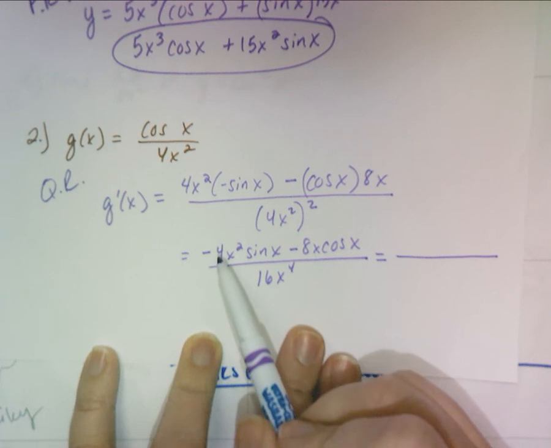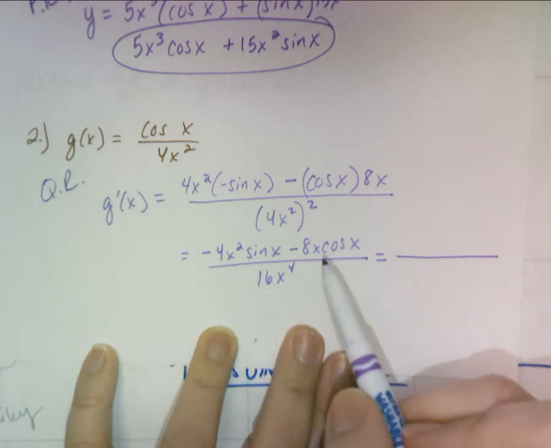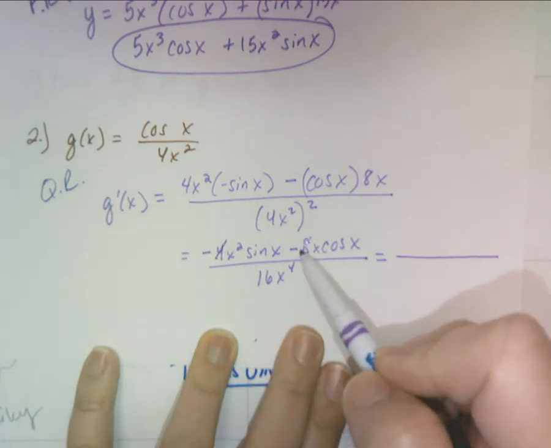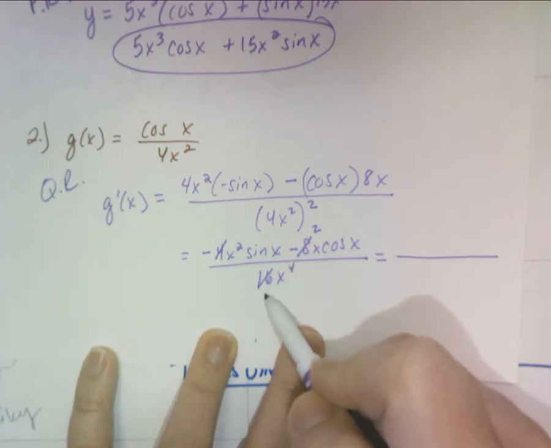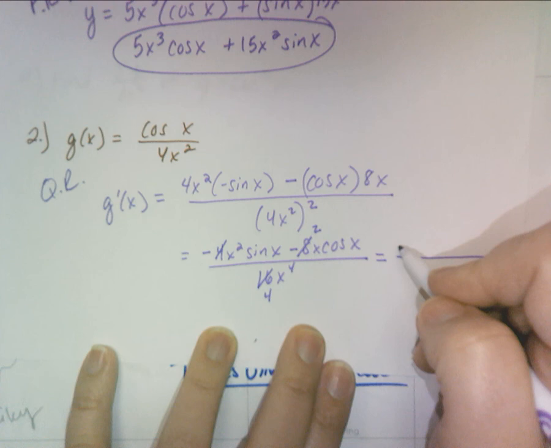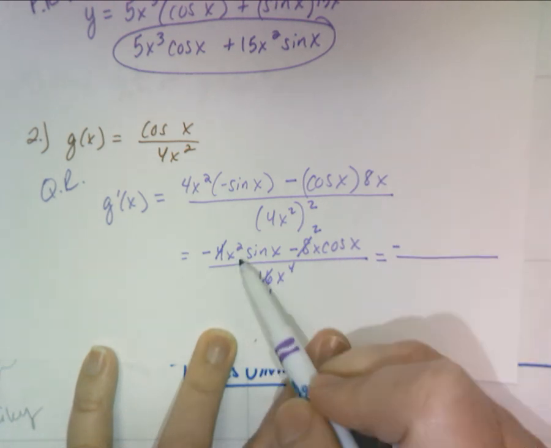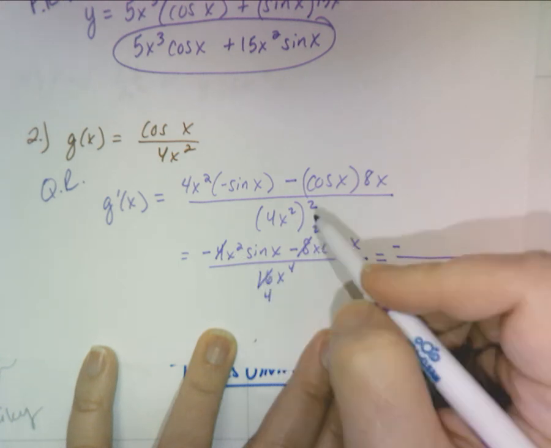So let's see. 4 can go into 16 and 8. What number can go into all of them? 4 can go into all of these numbers. There'd be a 2 here and a 4 there. So I would have a negative. Let's see about x's. This is x squared, this is x to the 4th, and this is an x. So an x can go into all of them.